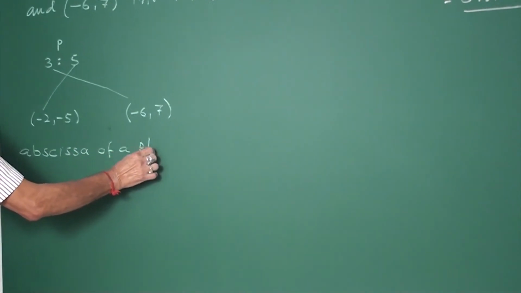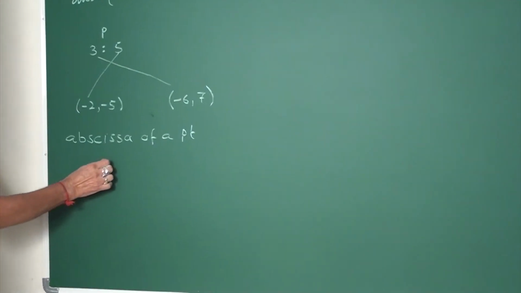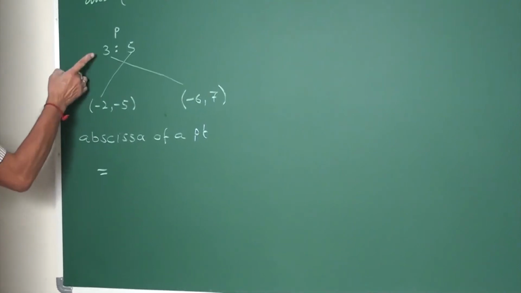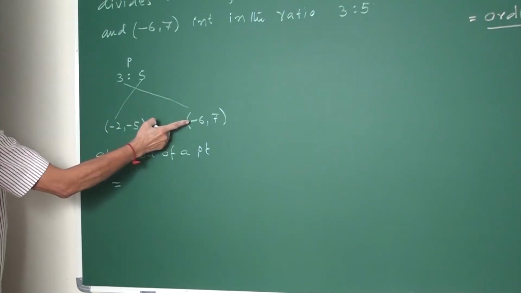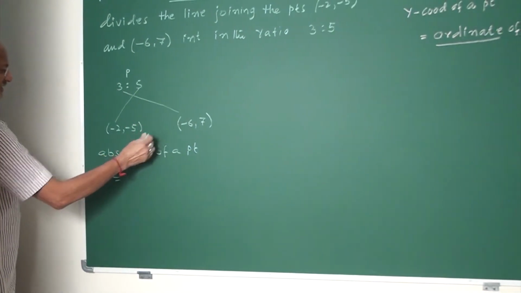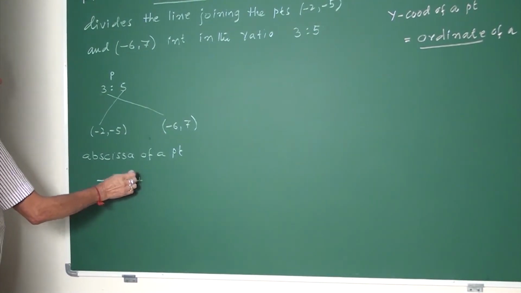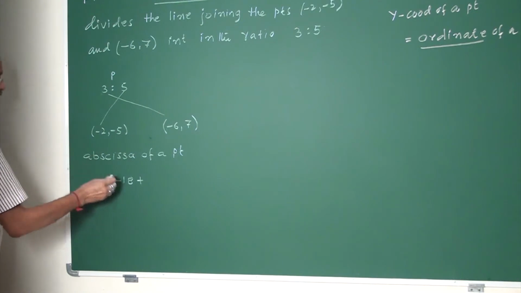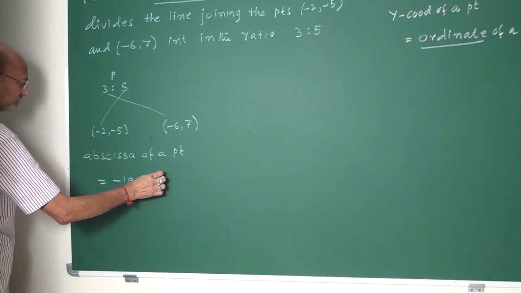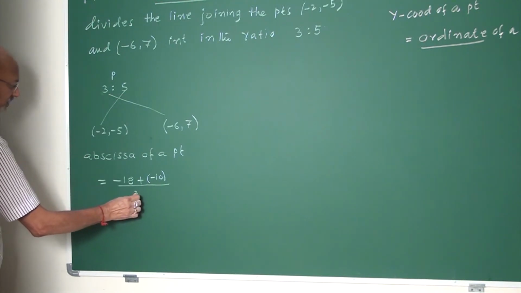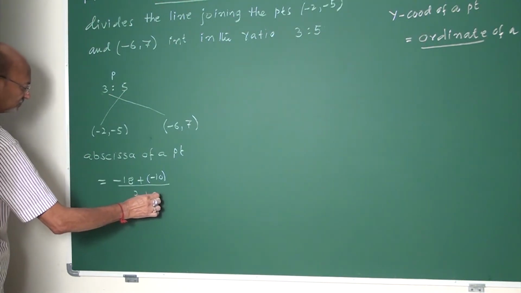Abscissa of a point equals, no bracket, only one value wanted: (m x2 plus n x1) upon (m plus n). 3 into -6 is -18, plus 5 into -2 is -10, upon internal division means 3 plus 5.